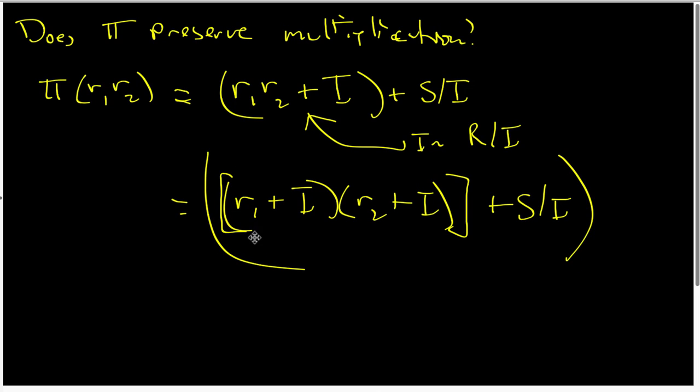So going from here to here is because R mod I is a quotient ring.